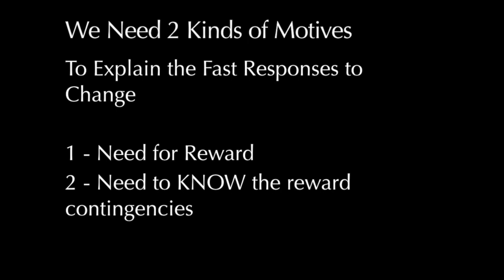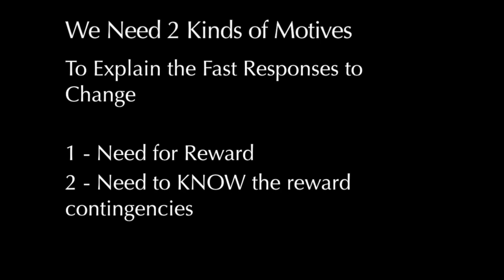So explaining the fast, frequent responses to change, it seems reasonable to evoke two kinds of motives. One motive is the motive to reward, to get the food. The other one is the motive to know about the contingency, knowing, for example, that every 3 times you press a button, you get a reward. Not knowing that makes the organism uncertain about the mechanisms for getting the reward, which might produce anxiety.